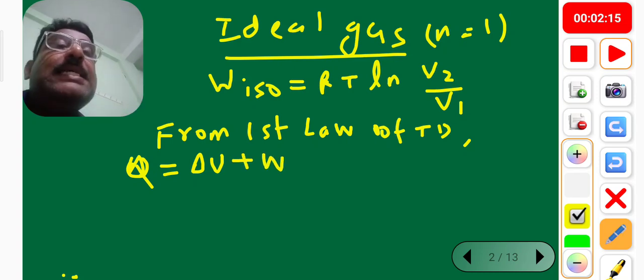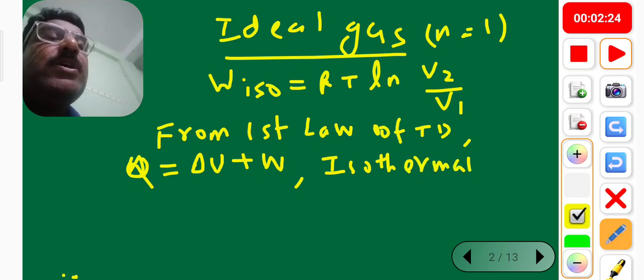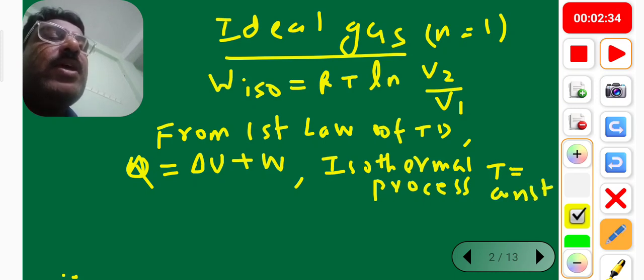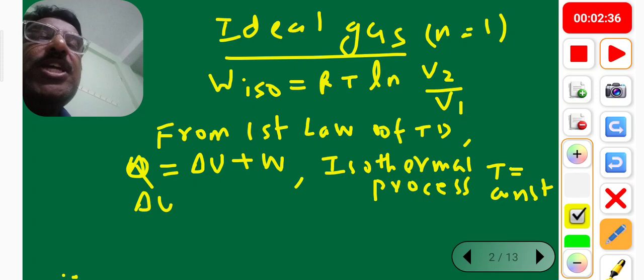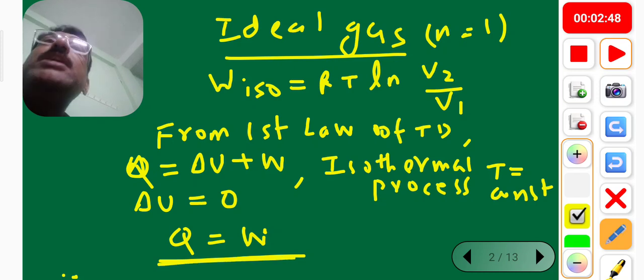And here this is an isothermal process, and in an isothermal process, you know that the temperature is constant, and if temperature is constant, then the change in internal energy is 0, which means the heat absorbed is equal to the work done.